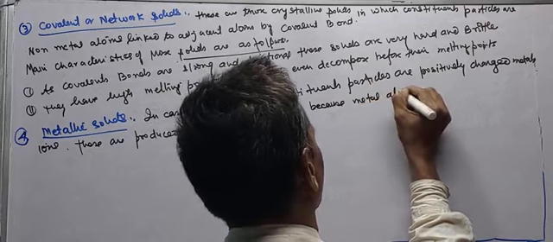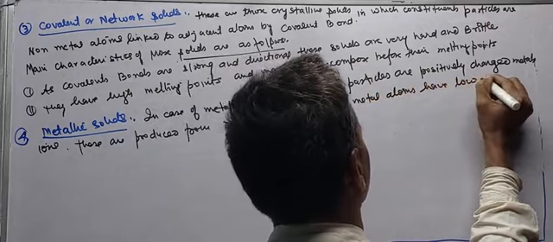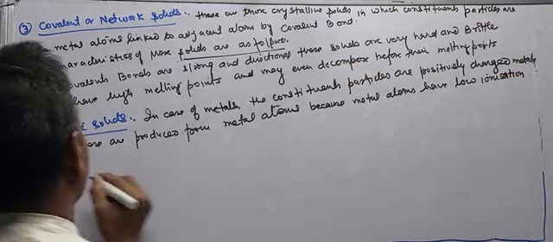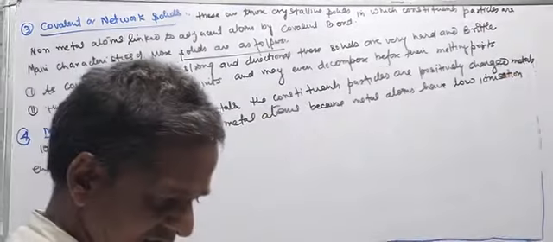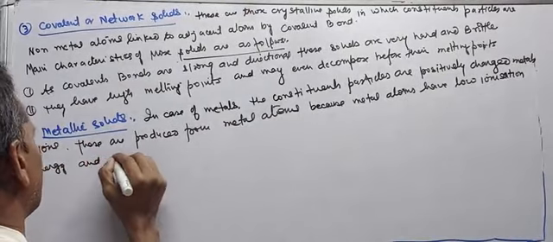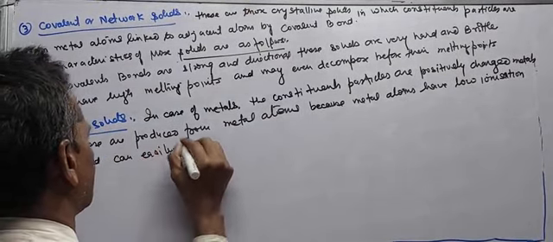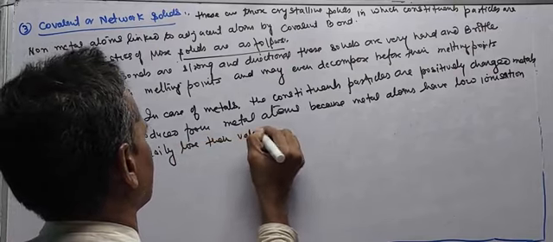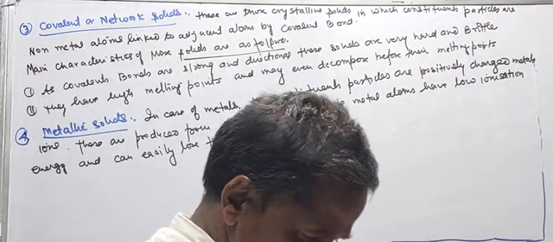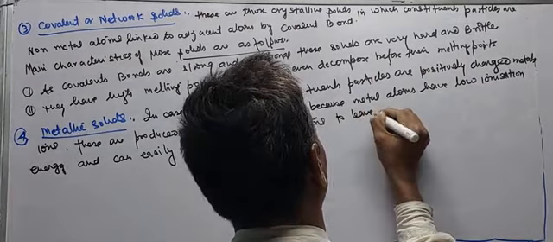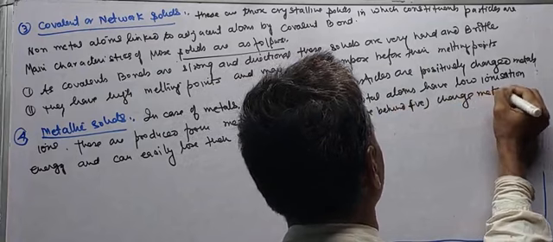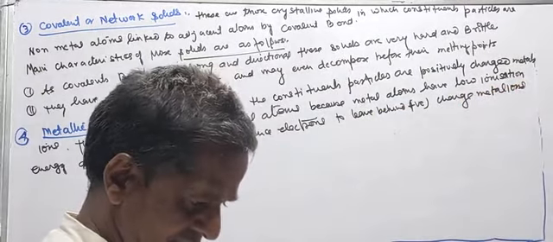Metal atoms can easily lose their valence electrons to leave behind positively charged metal ions.